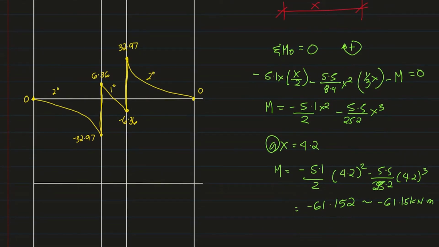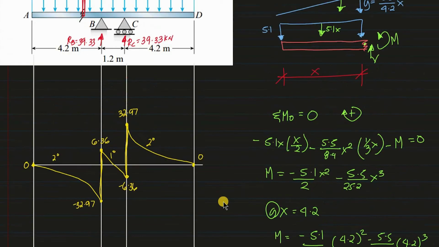Kasi nga, moment siya. So, from 0, so let's start plotting our moment diagram. Mula 0, pupunta na tayo sa negative 61.15 kilonewton meter. So, bababa tayo sa negative 61.15. Okay, so ngayon, paano natin kukonect yung dalawang linya na to?